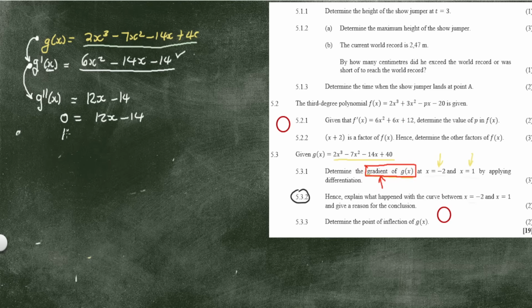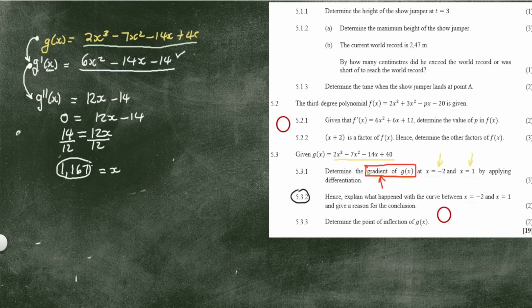Transposing 14, you get positive 14 equal to 12x, divided by 12 on both sides. 14 over 12 is equal to 1.167, rounded off to 3 decimal places. This is the x value.